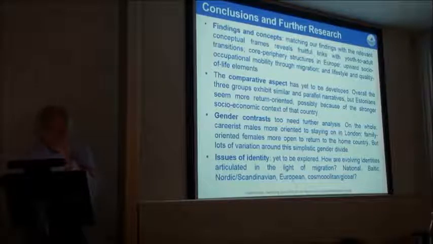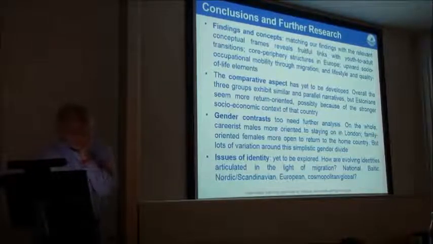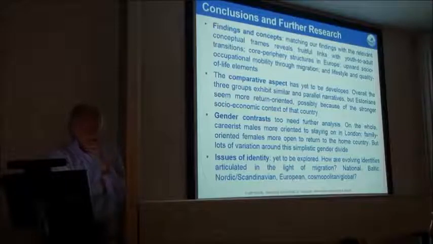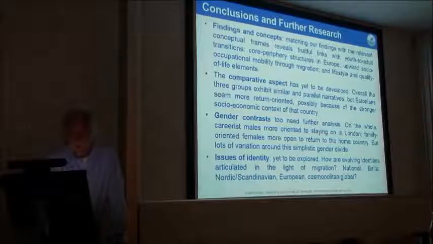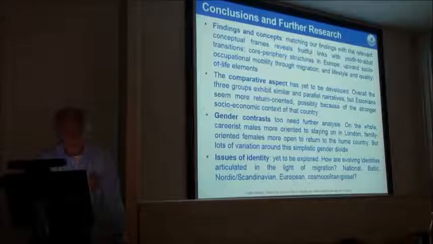I think what we have found, if this is not being too optimistic or arrogant, is that our findings do match quite well with some of the theoretical concepts that I presented to you very briefly. There are these core periphery structures in Europe which seem to very much structure people's migration behavior and thoughts about the future. They do achieve considerable, in most cases, upward socioeconomic mobility through migration.